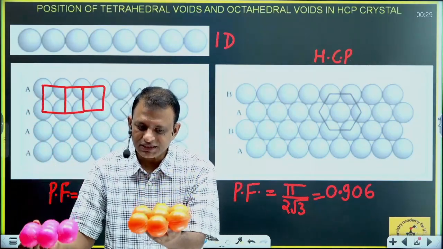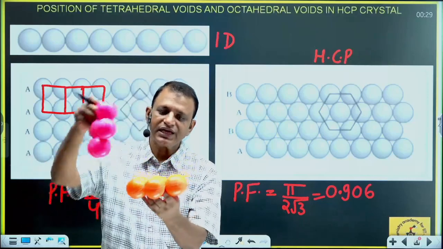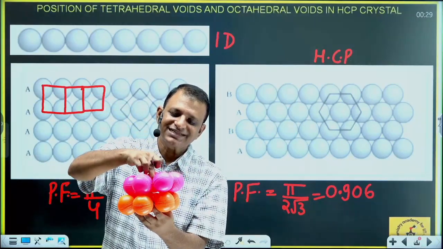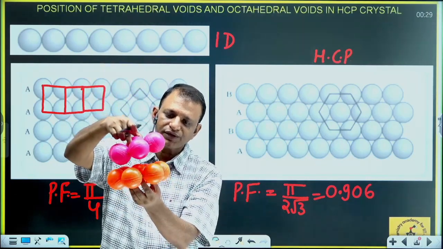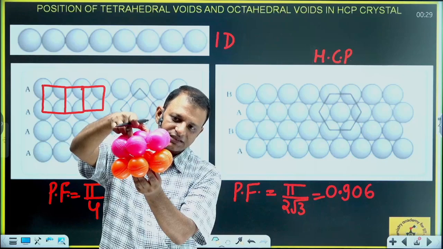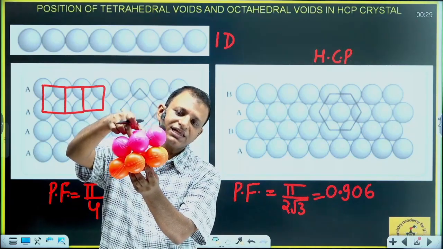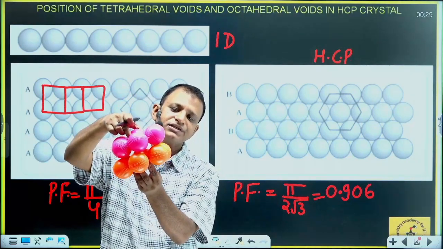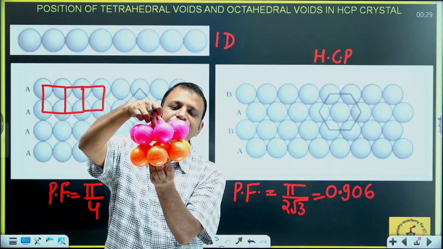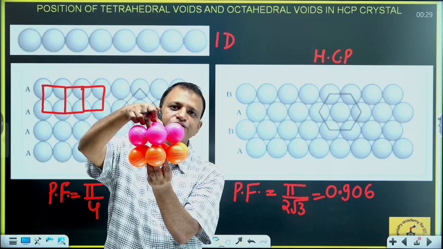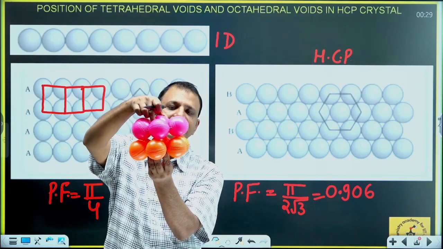I can place the B layer over A layer in 2 ways, right? If I am exactly placing the atoms of B layer over A layer, like this, then this is also A layer, because the positions of atoms are matching. If I am placing like this, the gap between these two layers is more, right? So packing fraction is going to be less for this.